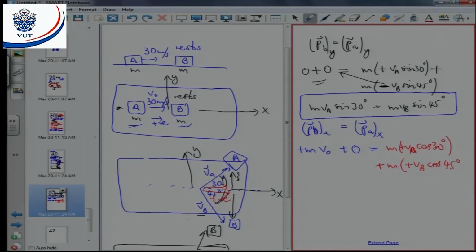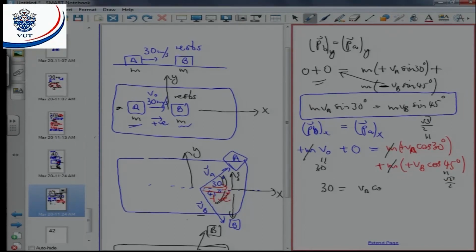45 degrees. Okay, so in our second equation, you can also see that the mass m cancels out, and remember that V naught is 30, so we learn that 30 equals VA cos 30, which is square root 3 over 2, plus VB cos 45, which is square root 2 over 2, but I won't put them in.